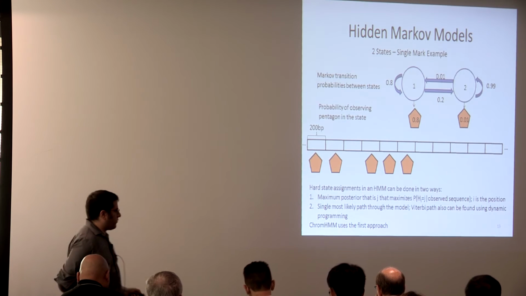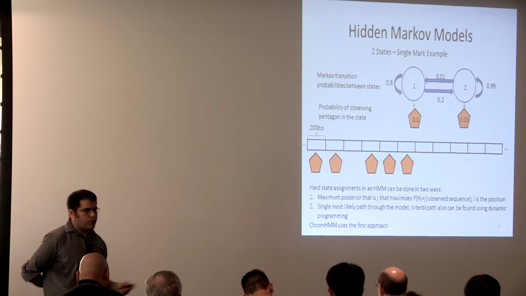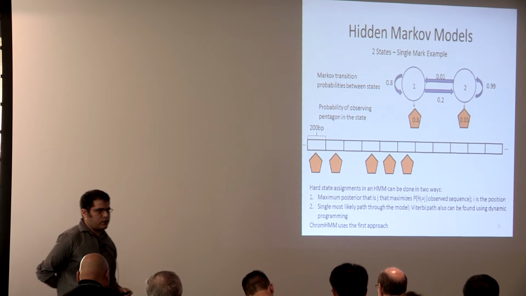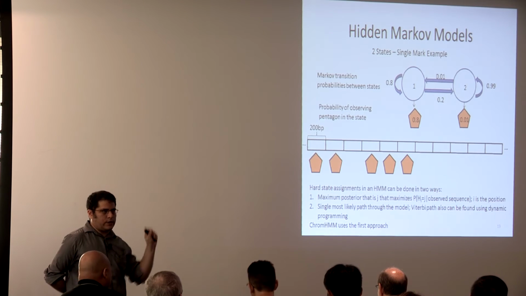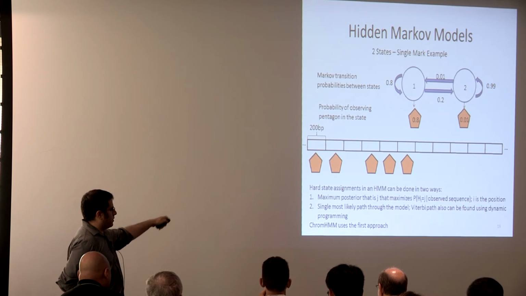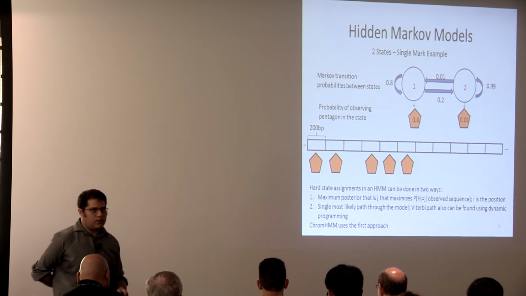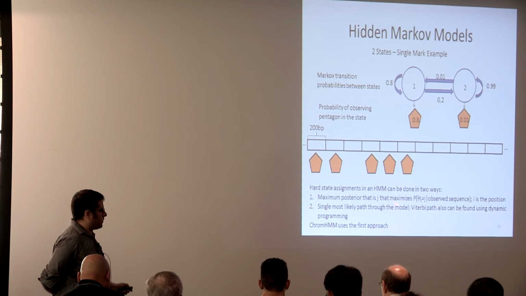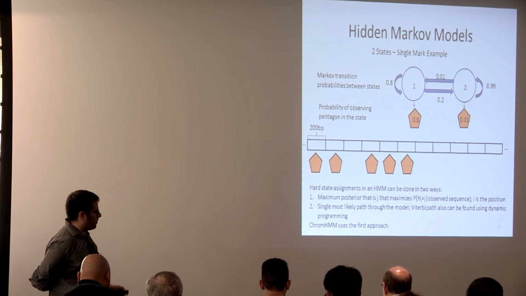and then you take that maximum. There's actually an alternative way to do the state assignments, and this is by finding the most likely single path through the model that would support the data. This is based on a Viterbi path and a Viterbi algorithm, and also uses dynamic programming.